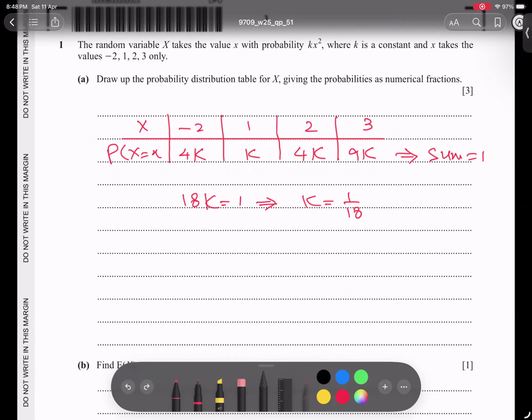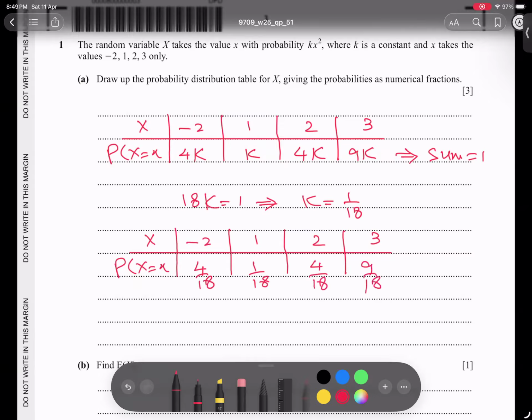Replacing this one, all numbers will change now. So 4 over 18, 1 over 18, 4 over 18, and 9 over 18.